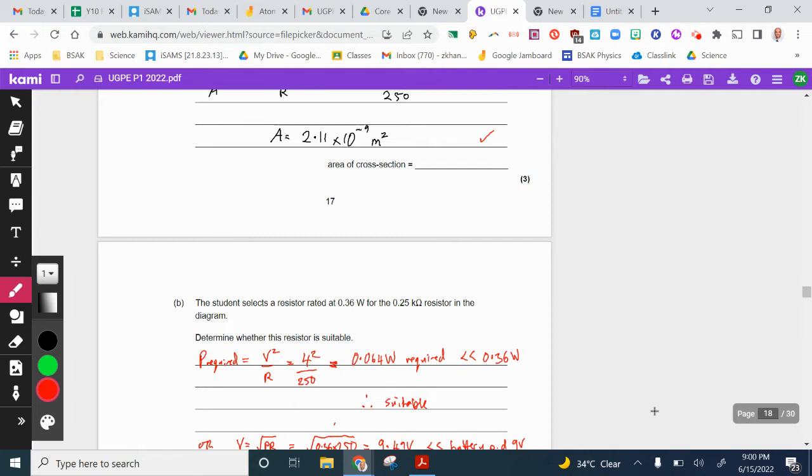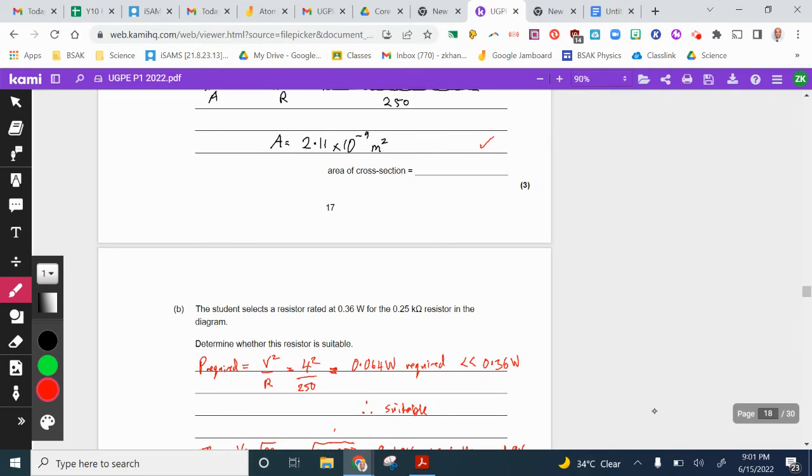That's the amount of joules per second dissipated in the resistor. So it doesn't exceed the 0.36 watts, so it's suitable. It's only when it exceeds the 0.36 watts that it's not suitable. We require this much, but it's significantly less than 0.36 watts.